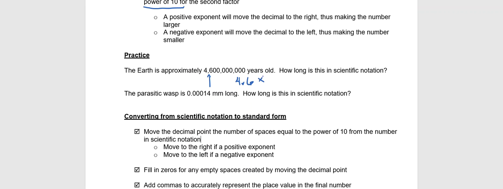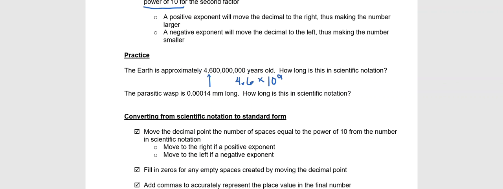From there, we're going to multiply it by 10, and then we just need to know what power of 10. That's driven by how many places we would send our decimal point, now that it's between the 4 and the 6, all the way back to where it started. In this case, the commas make life a little easier because I can count by 3s. I'm going to send it back 3, 6, a total of 9 spaces.